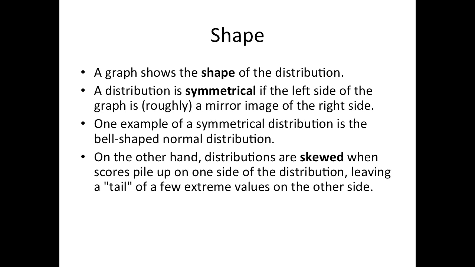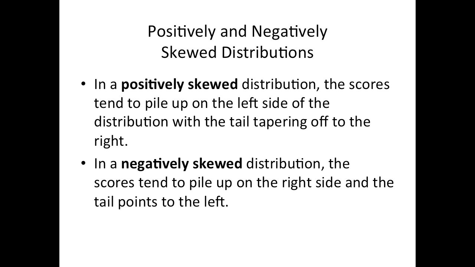Skewed distributions look different. So a positively skewed distribution, I always think of it because it seems backwards, is that the tail is pointing out towards the positive end. If you have a regular distribution with an x and a y, your positives are going to be on your right side and your negatives are going to be on the left side.